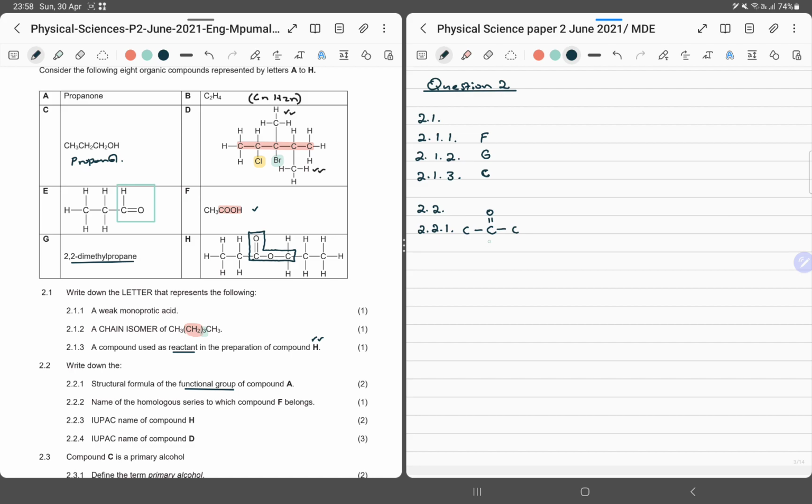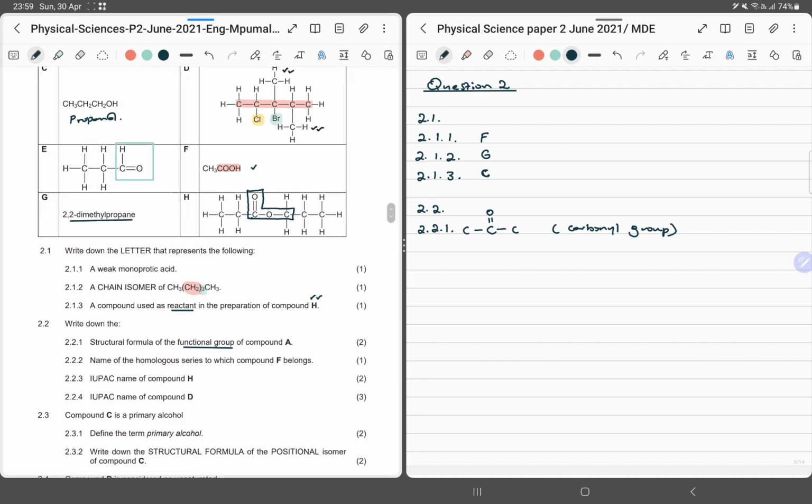I think that is fine, or even if you cut off those C's, it doesn't matter. That's just the carbonyl group, because compound A is essentially the carbonyl group. I don't know if I remember it well. So that's what we've got. Normally, we show that this carbonyl group is bonded to 2 other carbons. I think that is the key statement there, as opposed to aldehydes.